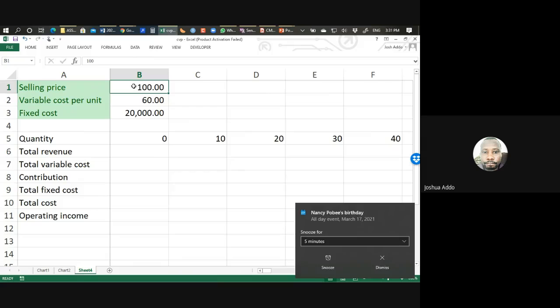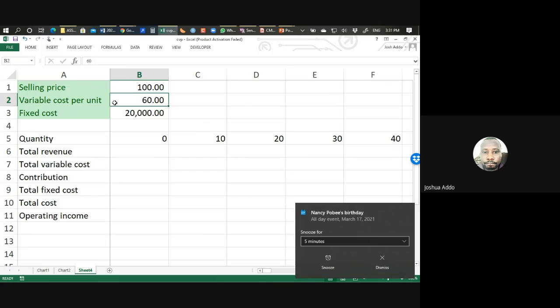So we capture the key variables like what I've done. That's what every good model does. Variable cost per unit is a variable that we may want to change from time to time and see the effects on the bigger picture. What if variable cost per unit is not 60 cedis, but costs increase, so variable cost per unit becomes 80 Ghana cedis?